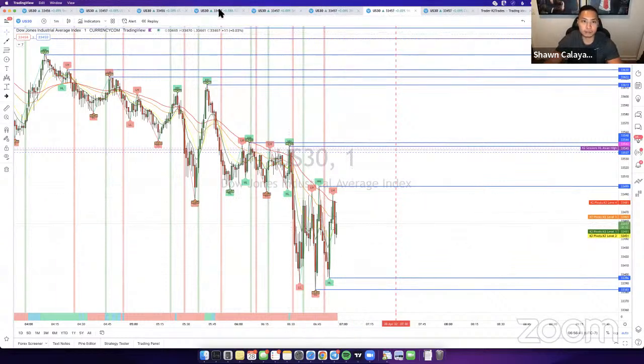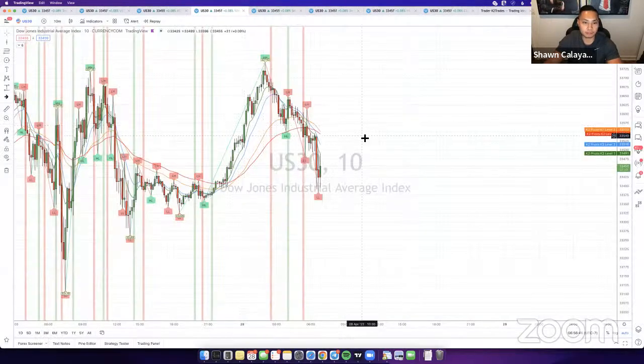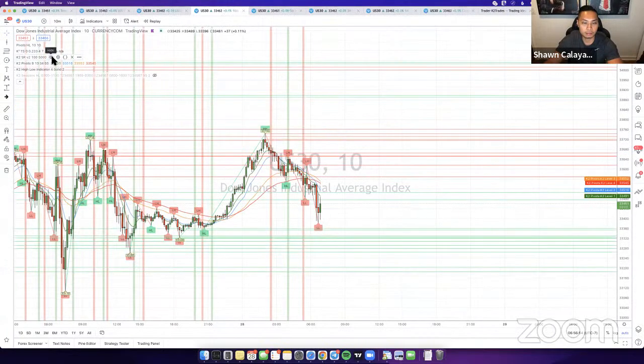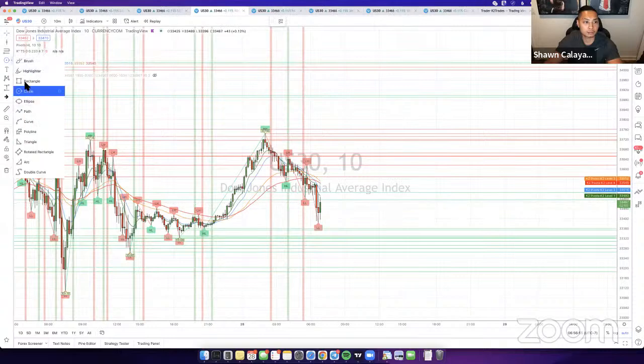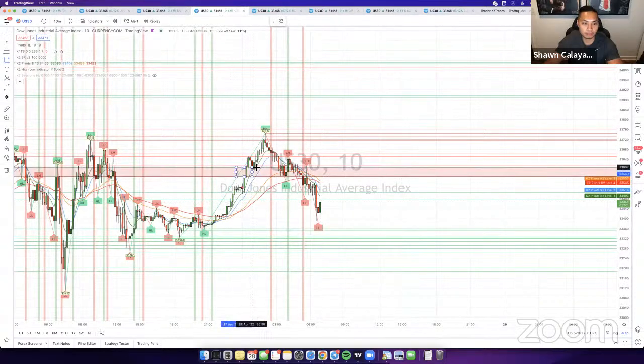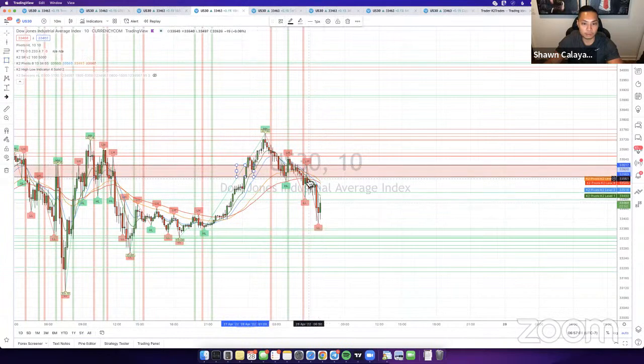So other than that, let me go over here and check real quick to see if there's anything else that I'm missing. So I don't see any snipes right now off the 10. Let me see if there's one over here. So I'm just going to mark up the zone. There's technically one that was way up here, but this happened at 540.